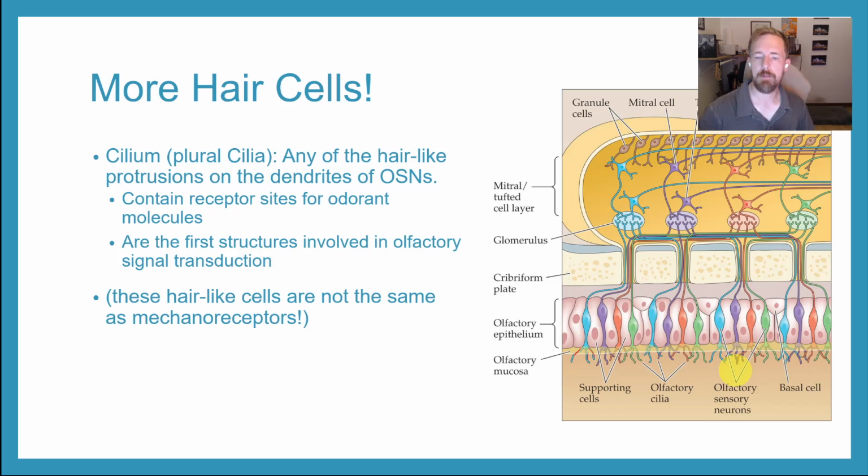A quick note about up here, you're going to see that inside the olfactory bulb we have lots of different kinds of cells, like the granule cells, the mitral cells. You do not need to worry about that for this class.